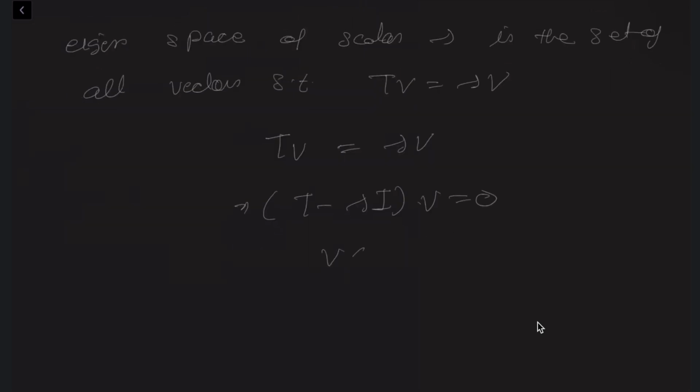That is, my V belongs to the null space of the operator T minus lambda I. T is a linear transformation, T minus lambda I is also a linear transformation, and T minus lambda I of V equals 0 means V belongs to the null space of T minus lambda I. So this is an equivalent relation between V and lambda. Either we can say T of V equals lambda V, or we can say T minus lambda I of V equals 0.